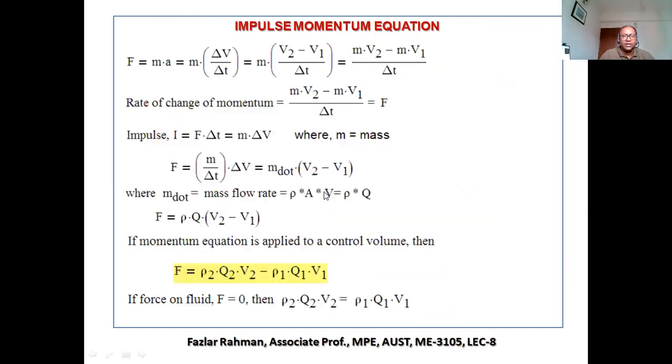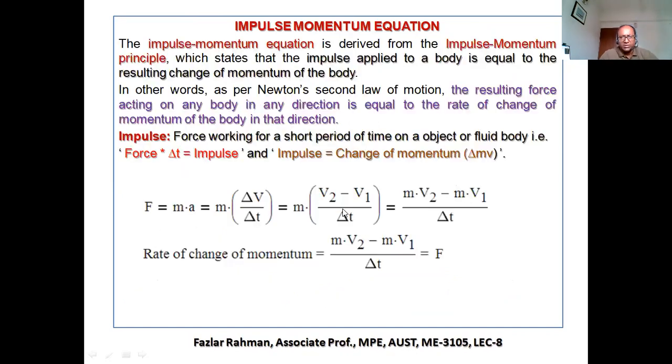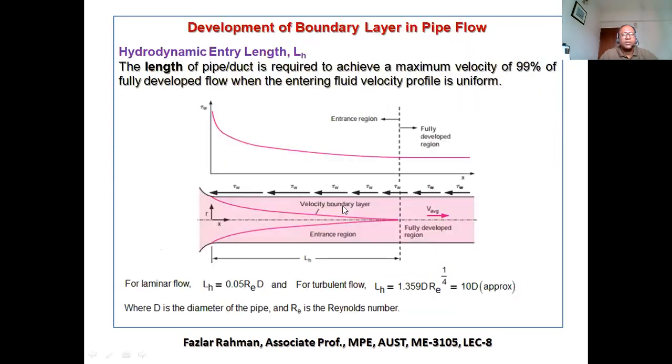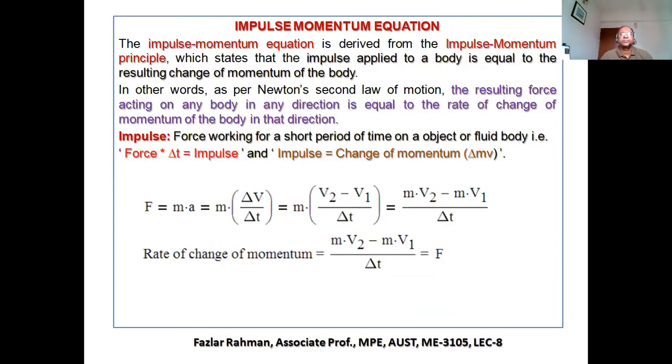Now, one thing we need to figure out, the momentum equation. What is the momentum equation? You are carrying fluid in a pipeline, and sometimes you need to change the direction of the pipe, right?